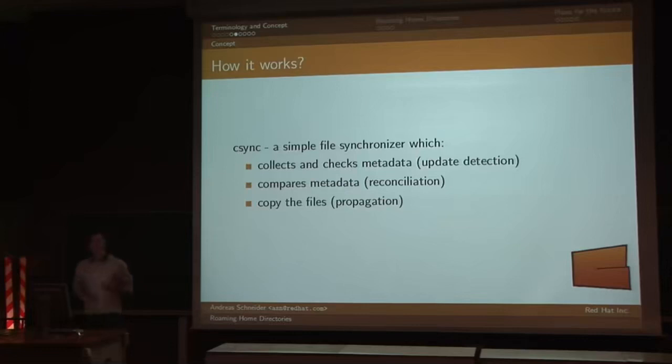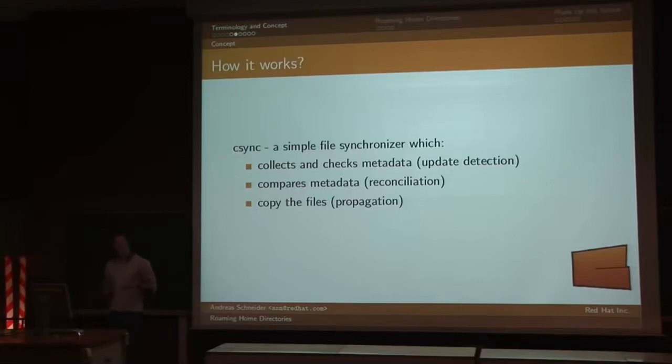The first is that you collect metadata from your file systems. This means that you walk over a file system tree or a directory tree and collect the metadata, and then you check the metadata normally with a database. This is called update detection.